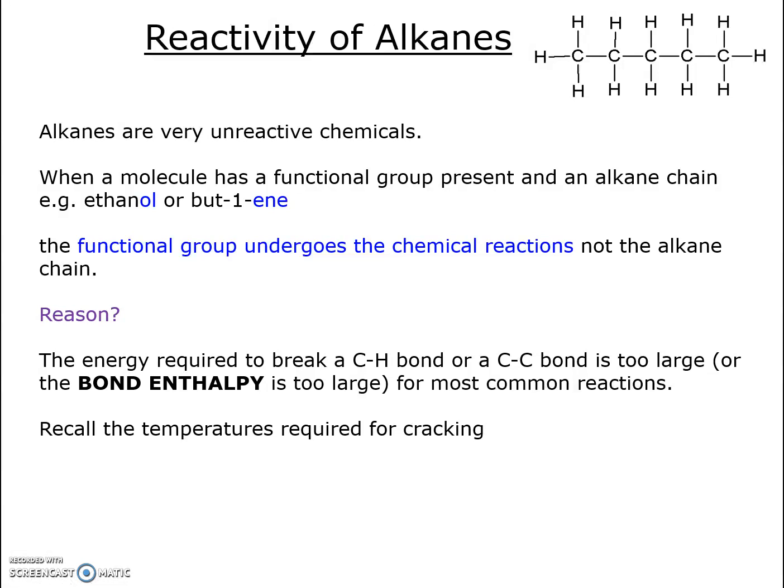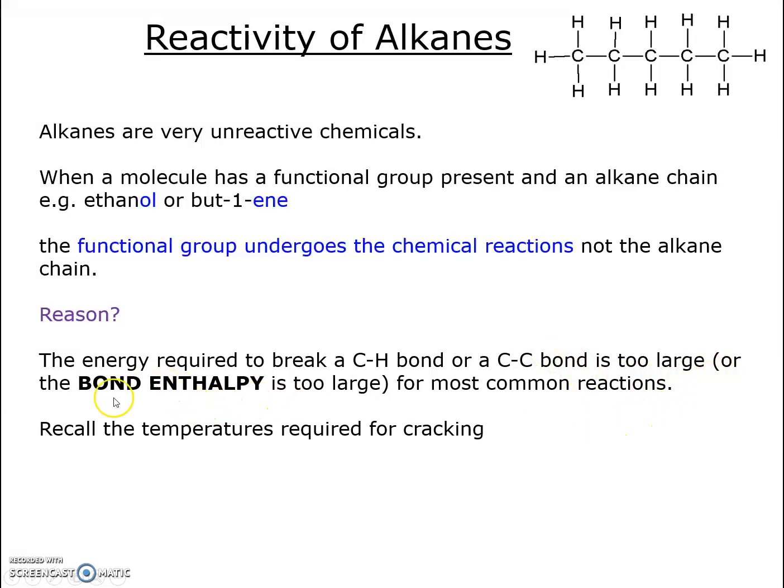Now, alkanes are very unreactive chemicals. What you'll see later on in the course is that in any molecule which has a functional group, e.g. an alcohol or an alkene, it's the functional group which undergoes the chemical reactions, not the alkyl chain. The reason for this is that the energy required to break the carbon-hydrogen bond or the carbon-carbon bond is too large.